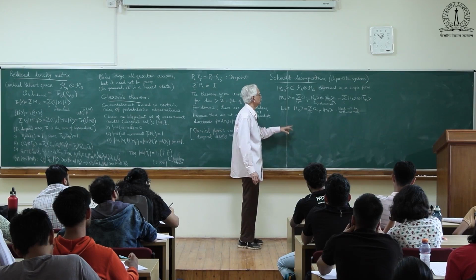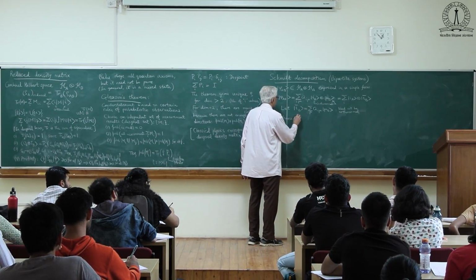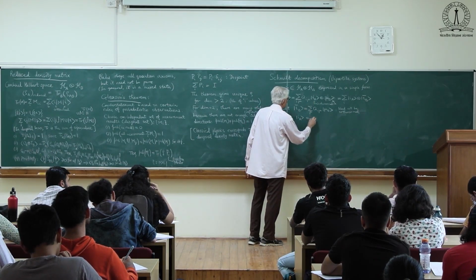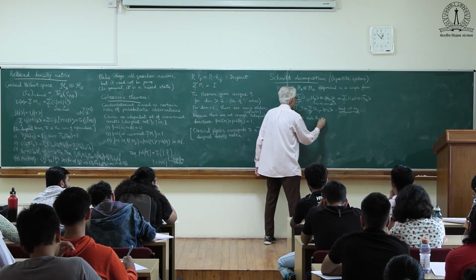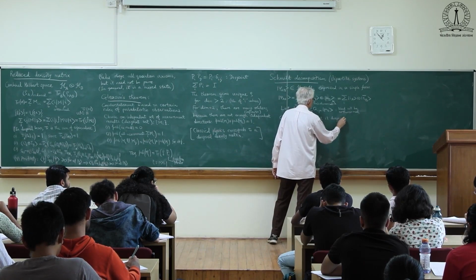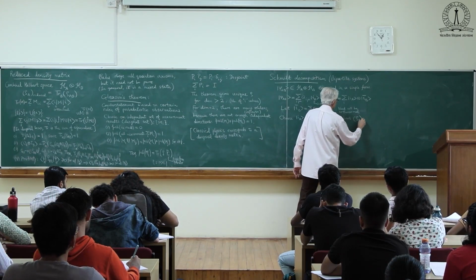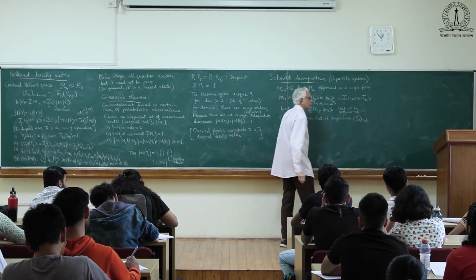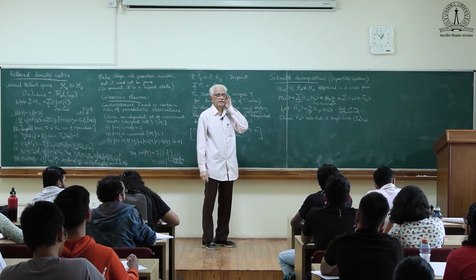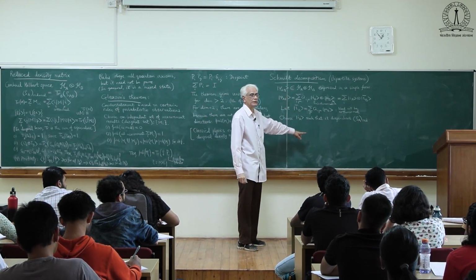Now I am going to choose the first half so that it will diagonalize the reduced density matrix corresponding to system A. This is the crucial step.